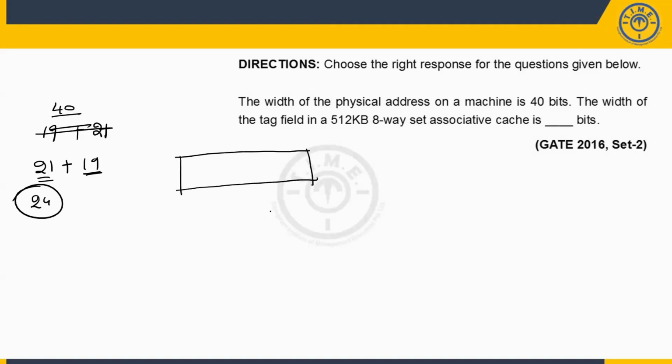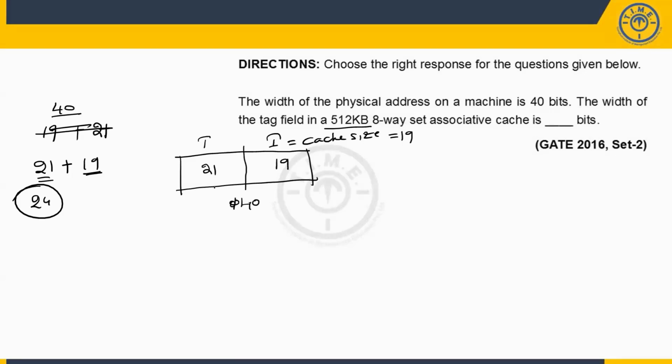Total address is equal to 40 bits. This 40 should be divided into index and tag. What is index? Index is cache size. Cache size is equal to 512 KB, which takes 19 digits. Index will be equal to 19. Tag will be equal to 21.